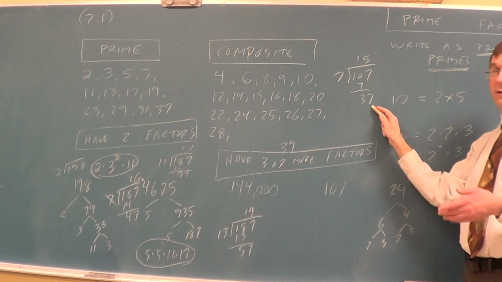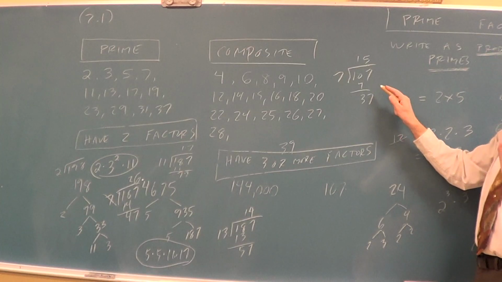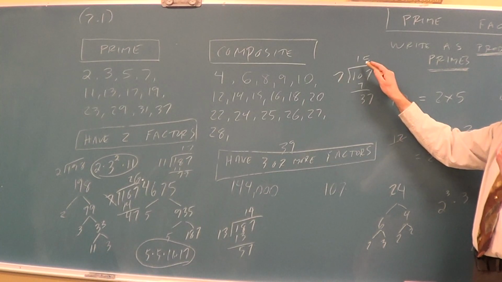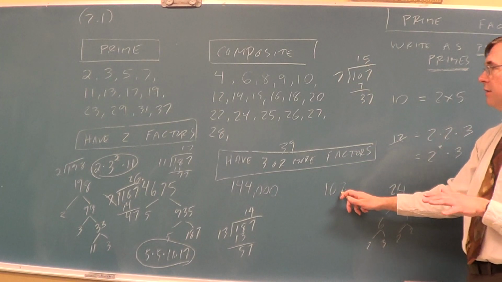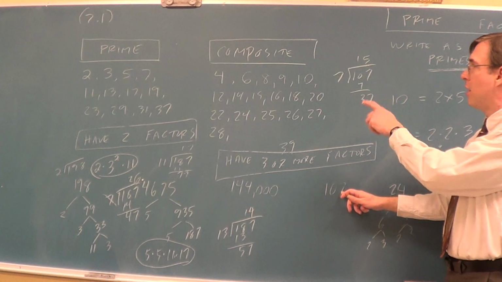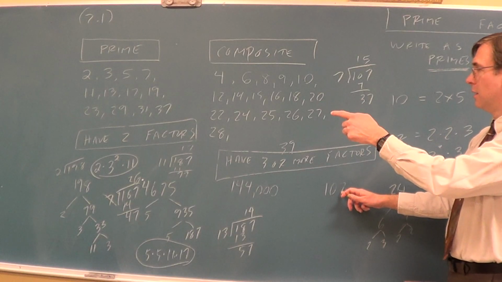I just learned that 7 did not work, but I'm going to get to quit as soon as I get to 15. 15 is the farthest I'm going to have to go checking for 107. So if 7 failed, who's my next check? 11.